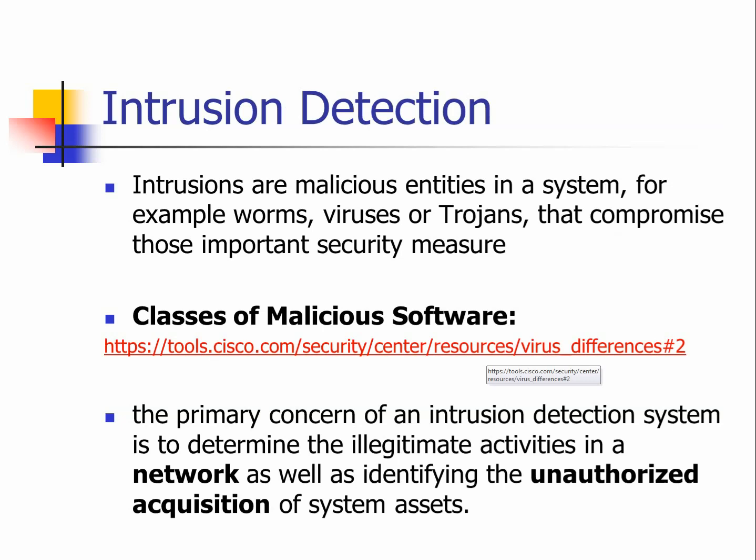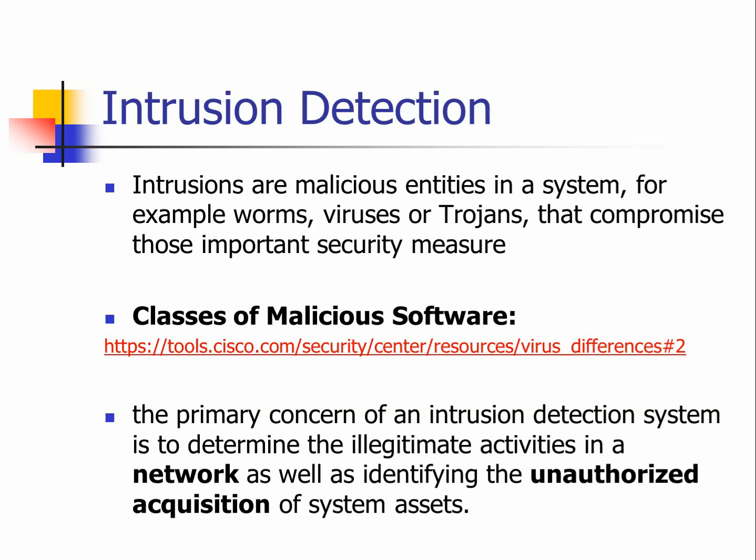Intrusions are malicious entities compromising the important security measures, as we have mentioned. We have heard about many of those things, worms, viruses, trojans, bots, but how do we distinguish one from another? I actually found a very good website for you guys to take a look at. And of course, I have summarized some of the most frequent attacks in the following slides.